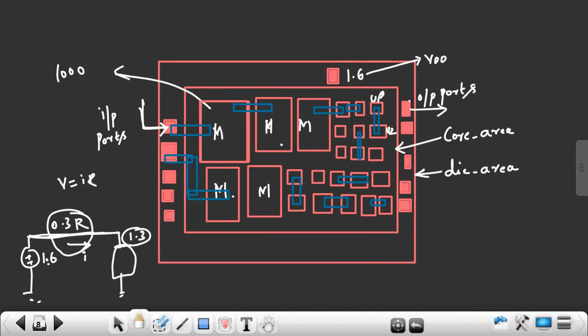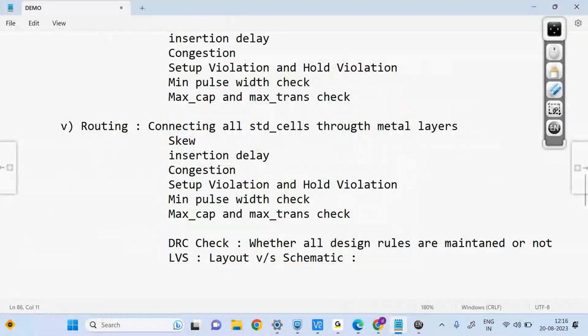That is verified in LVS. That is why the name: layout versus schematic. It verifies the connections in the layout with the netlist.